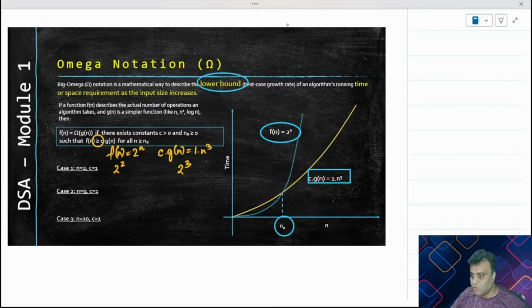We have to prove that f(n) is greater than or equal to c·g(n), but this definitely is not, this is less than. We have to go further with n. So let us take n as 9. If we take n as 9, this becomes 2 to the power 9, which is evidently 512. And if we take c·g(n), 1·n cube, this is 9 cube.